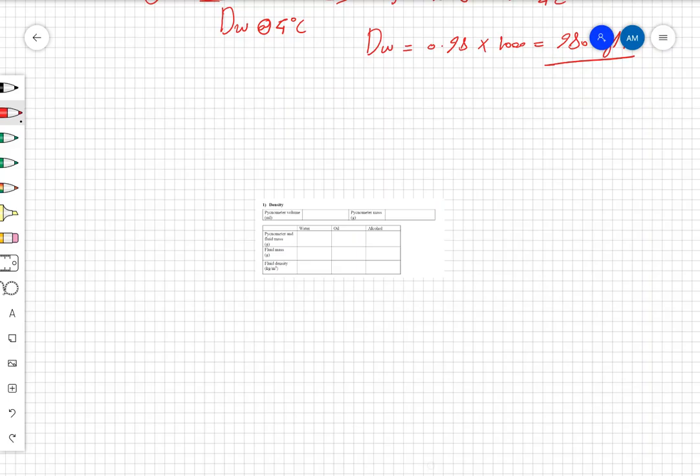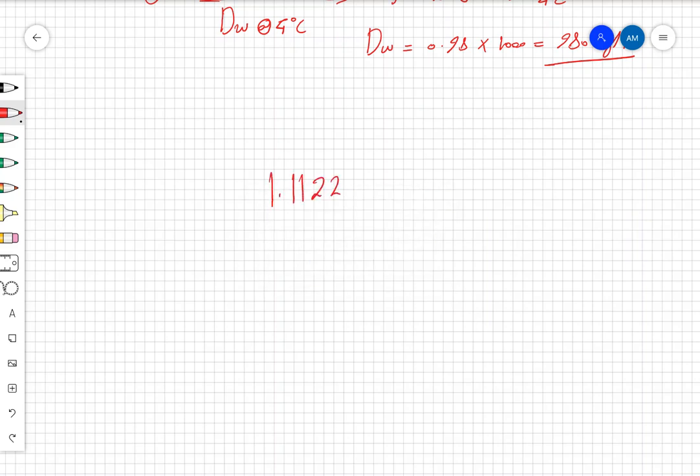So how we can do that? We have 1.1122 millimeter squared per second, and we want to convert it to meters squared per second. So what we have here is we want to convert millimeter squared to meter squared.